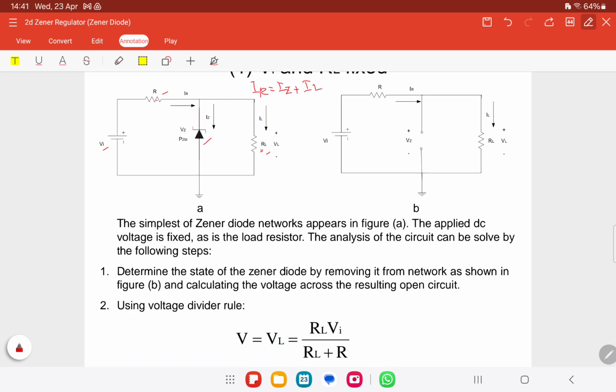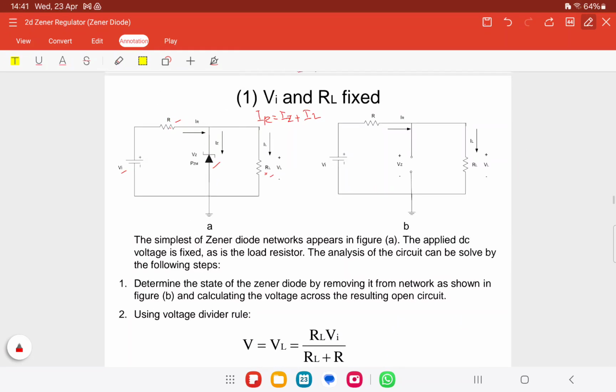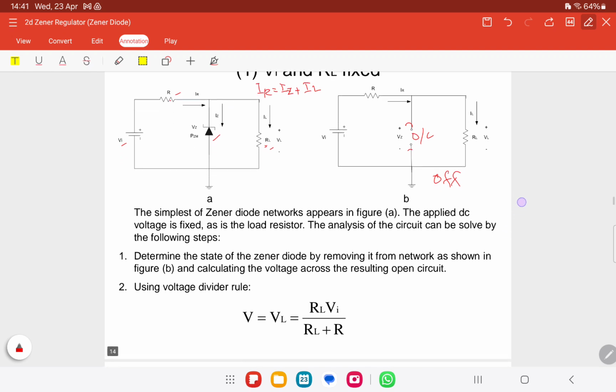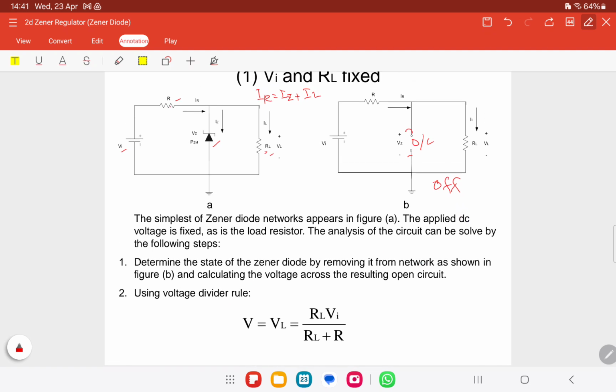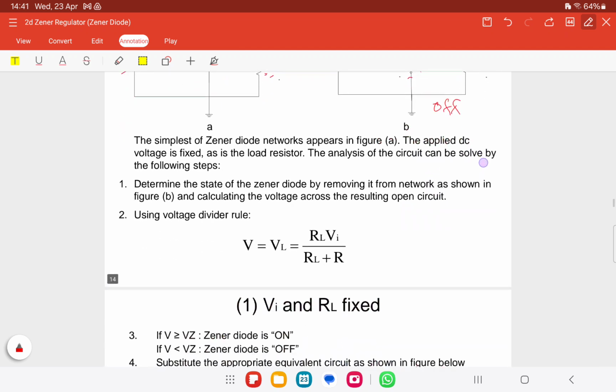But the first thing is we need to determine whether the diode is on or off. Here the diode is off, that is why it is not drawn here, so it is an open circuit. So determine the state of the Zener diode by removing it from the network, and then calculate. These are the steps.